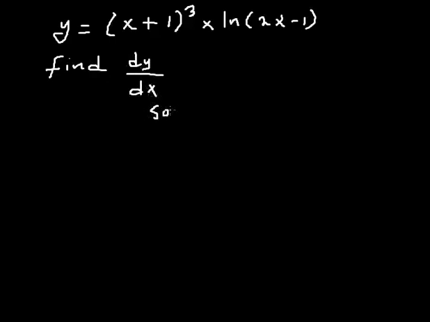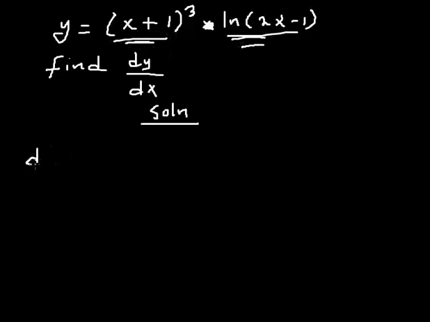Okay, so now the solution. Function of a function, and of course this is a product. So you know how we do this. Keep this constant, differentiate this, then keep this constant and differentiate this, right?